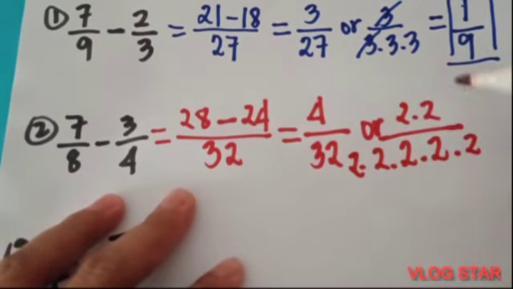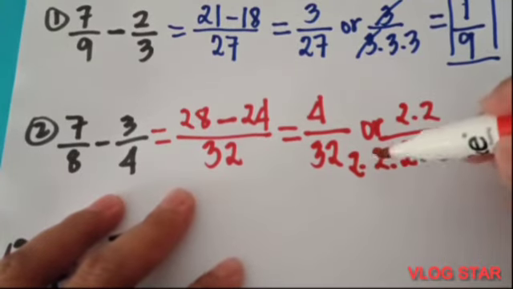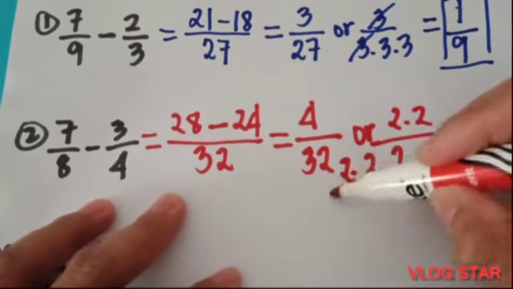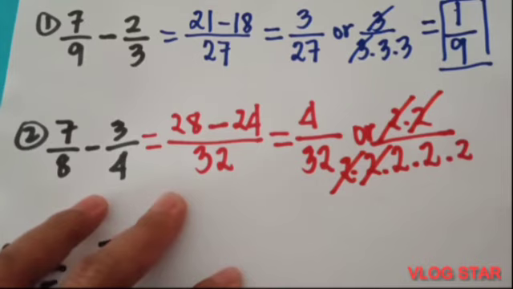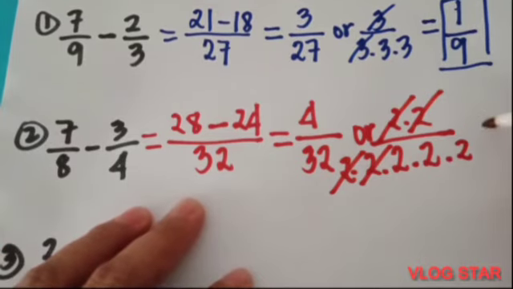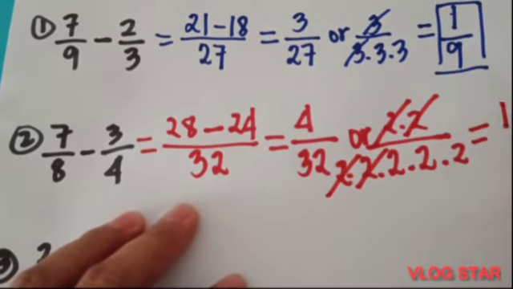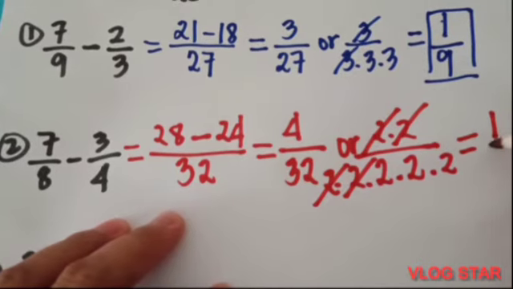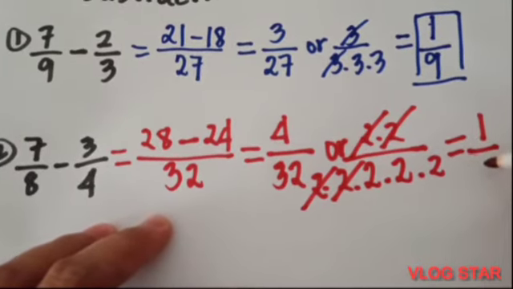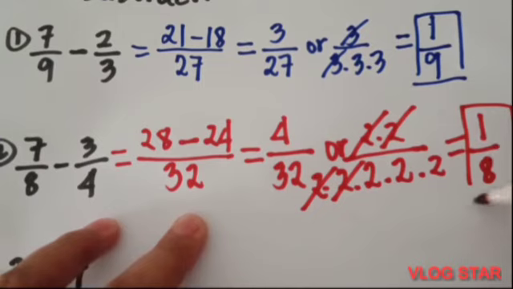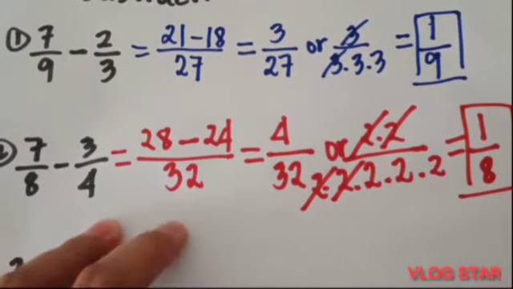So, cancel natin ang isang 2, cancel pa isang 2, cancel din ang isang 2 sa taas. So, ang matitira natin is 1 over 2 times 2 is 4 times 2 is 8. So, ang final answer natin is 1 over 8.